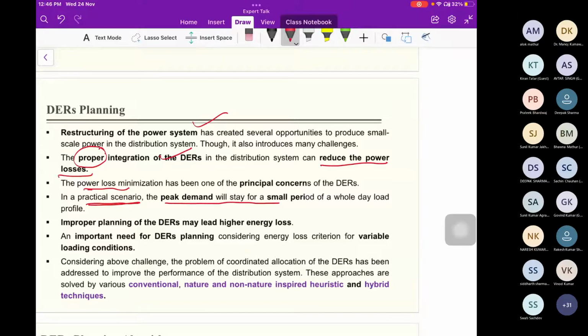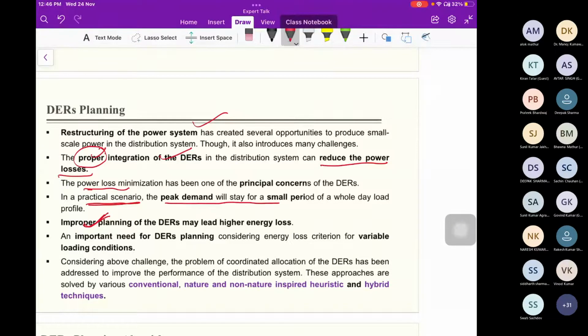With improper planning, we connect the DERs randomly. In that condition, the current carrying capacity of the line is not permissible, and insulation breakdown will occur. Otherwise, the harmonics and the losses may increase, and voltage swell will occur when we integrate the DERs in a random manner.